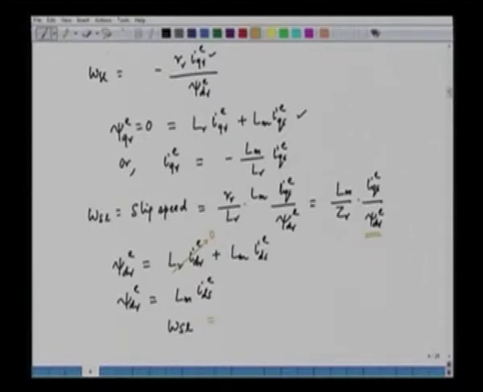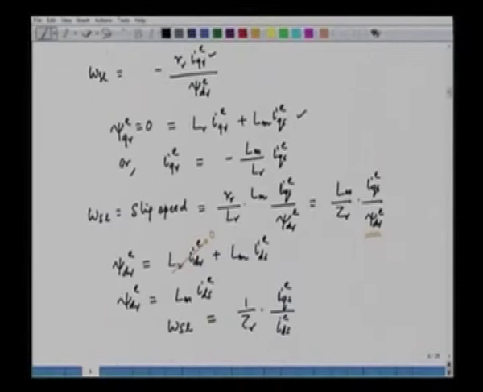So we can write the expression for the slip speed, and the slip speed here is 1 by tau r into IQS by IDS. So this expression for the slip speed will be useful for us when we control the induction motor with vector control.